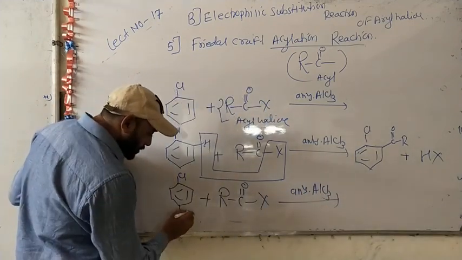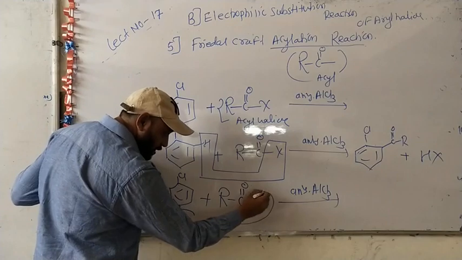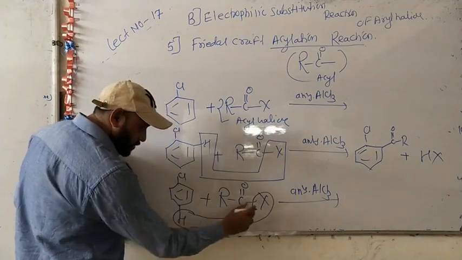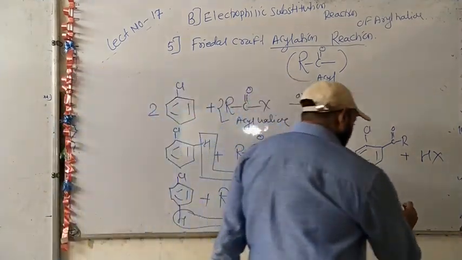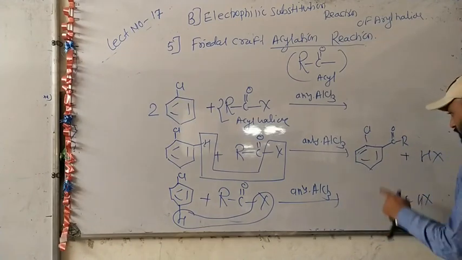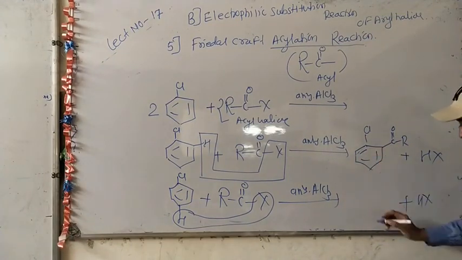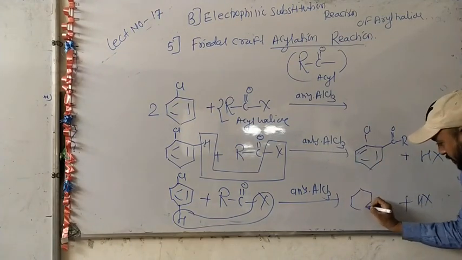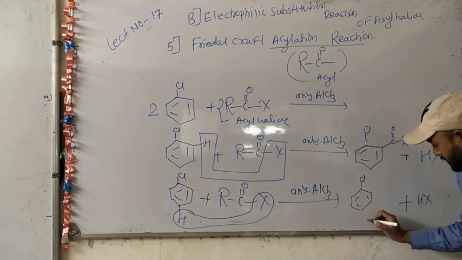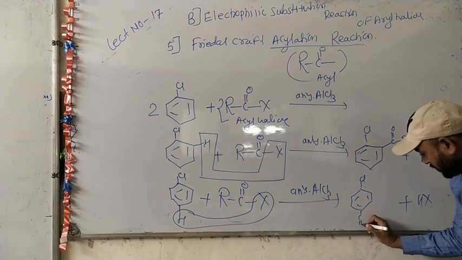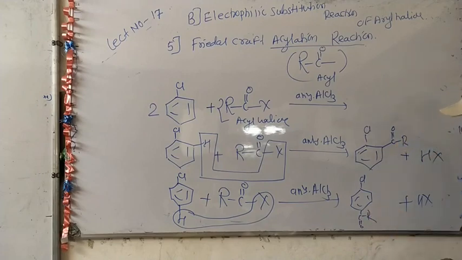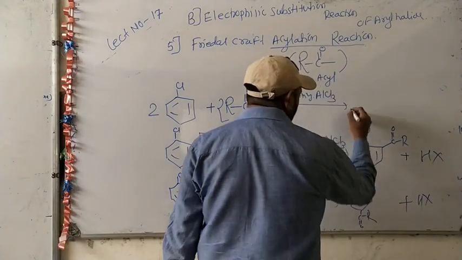From the para position hydrogen is lost, and from the acyl halide X is lost as HX, just similar to the ortho substitution. We have the para substituted product here: Cl here, C double bond O R. This is para-chloroacylated benzene. So two products are formed.